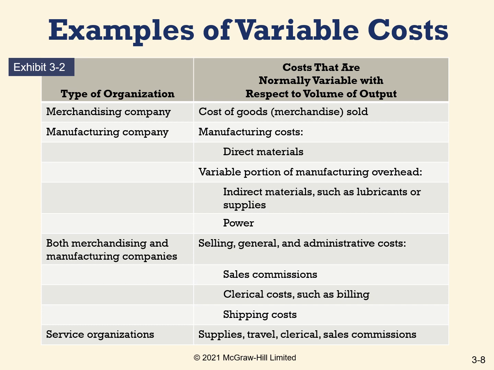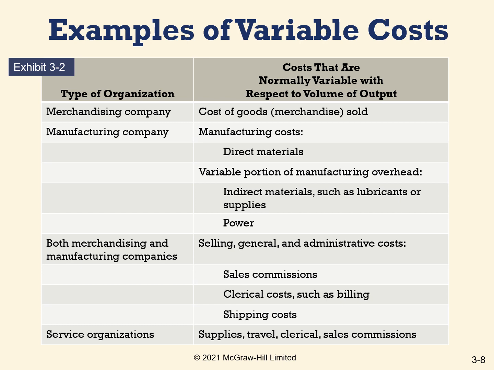These would include our indirect materials such as lubricants or supplies, which will change based on how many products we're making. We can also look at power. This is a different one, but power would be variable because if the factory we're using to produce wooden benches isn't operating, or it's working in overdrive, our power bill will depend on how much we're actually using during the month.